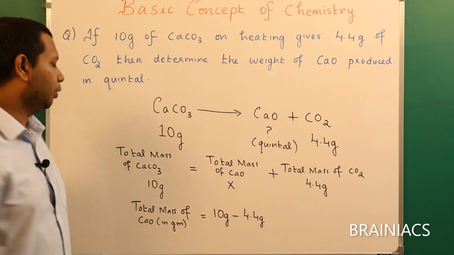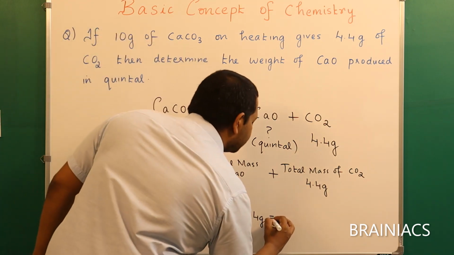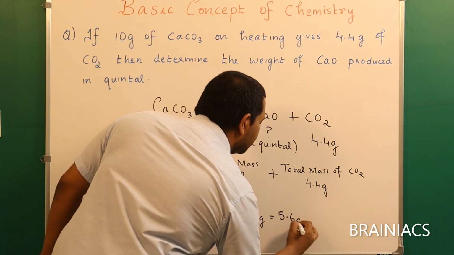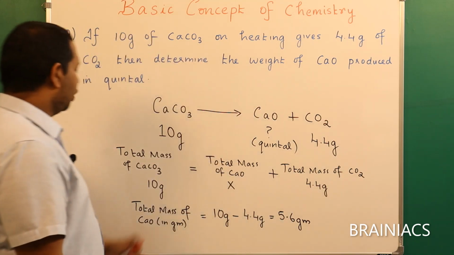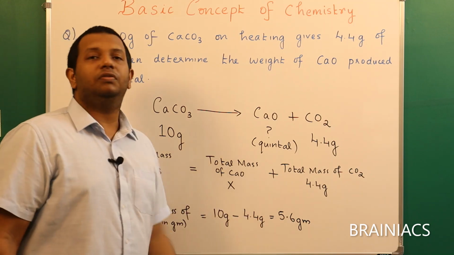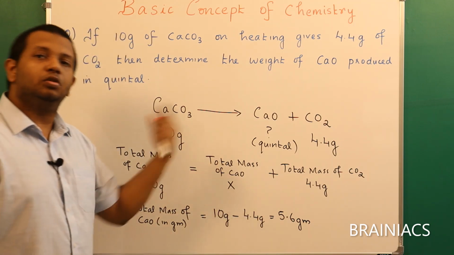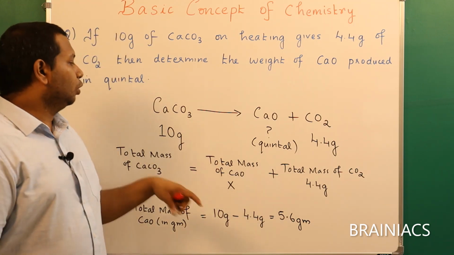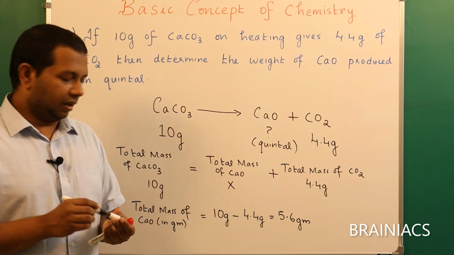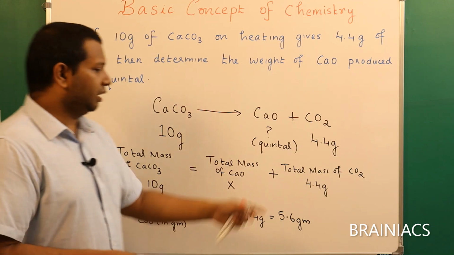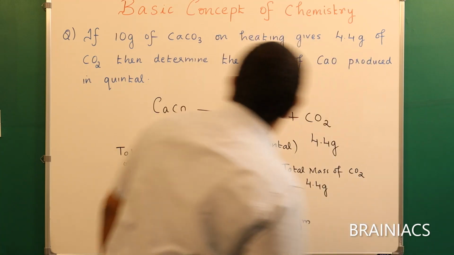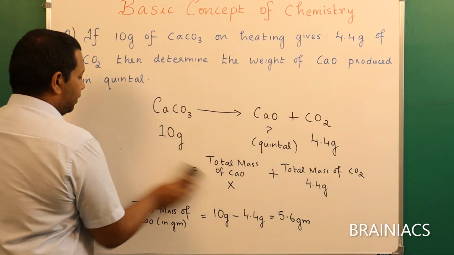So 10 minus 4.4 is 5.6 gram. So we got the answer, how much amount of calcium oxide in gram only we have got. So we need to convert this into what? Quintal. So we need to know the relation between gram and quintal. Okay. So we will remember this answer and we will try to convert this into quintal.